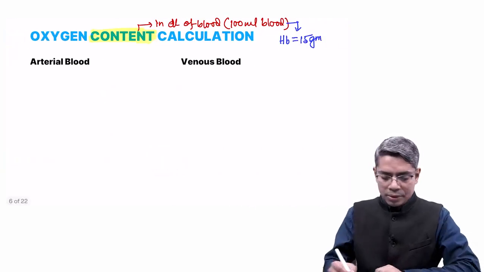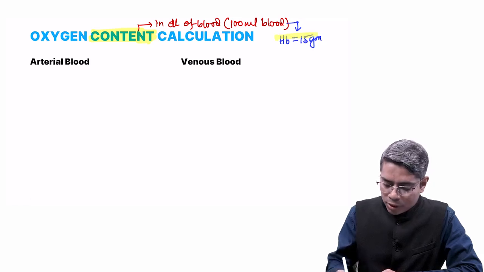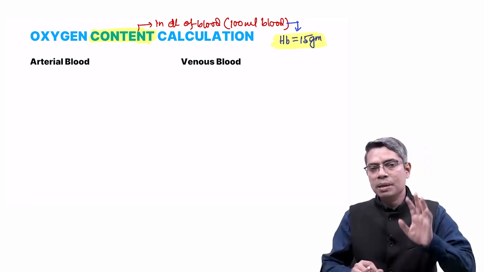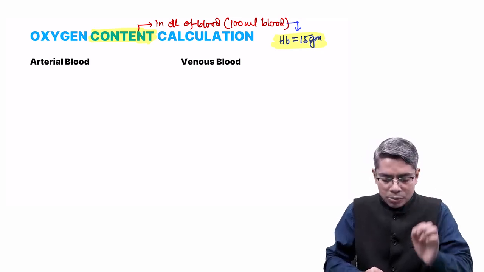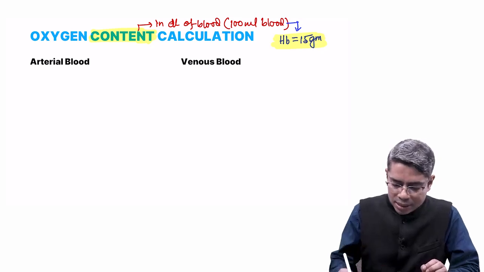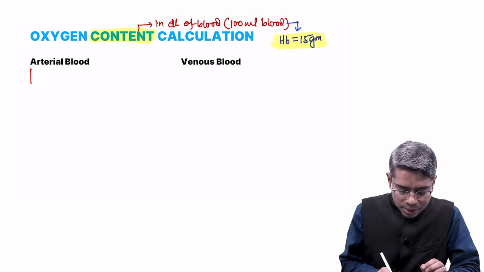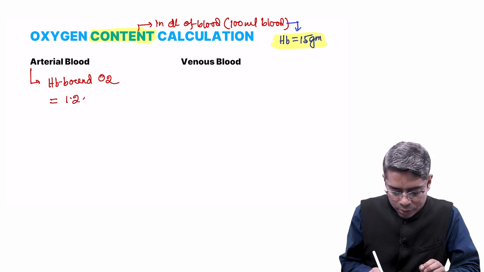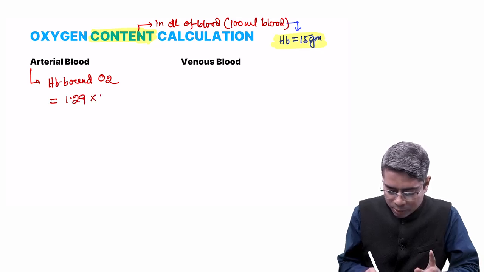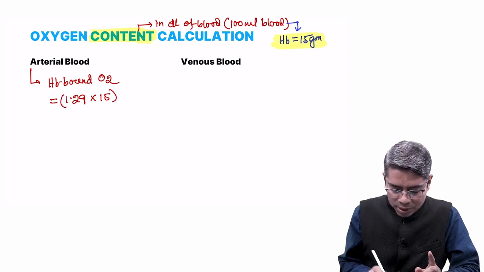So, we know that the total amount of hemoglobin in 100 ml blood is 15 gram and 1 gram hemoglobin can carry how much oxygen? 1.29 ml. So, I can easily write down here that in arterial blood, hemoglobin bound oxygen will be equal to 1.29 ml is carried by 1 gram of hemoglobin and total hemoglobin is 15 gram.